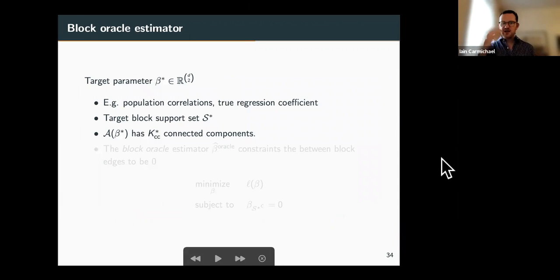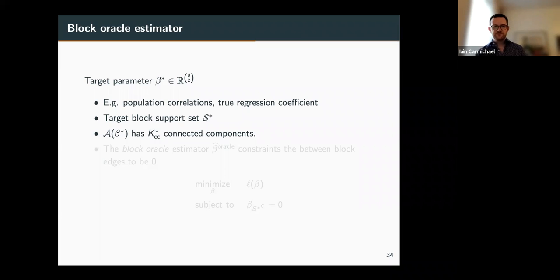Okay, so now we finally reach one of the main quantities of the paper, which is the block oracle estimator. To set the context, we're going to have some target parameter that we're trying to estimate. So just think of beta star as maybe the population parameter, maybe the population correlations in a correlation learning model. And that population parameter has some block diagonal structure.